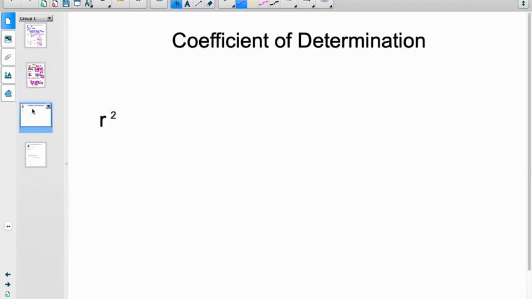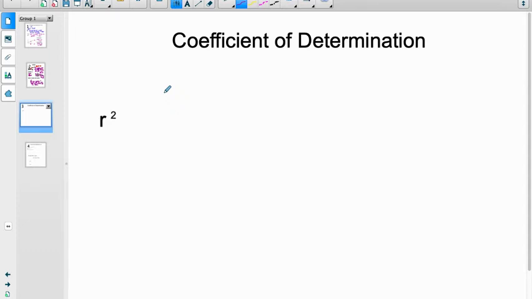The coefficient of determination is r squared. Remember, r is your correlation coefficient. It tells you how close the points are to the line and the slope. Now since we're squaring r, this will no longer tell you if the slope is positive or negative.